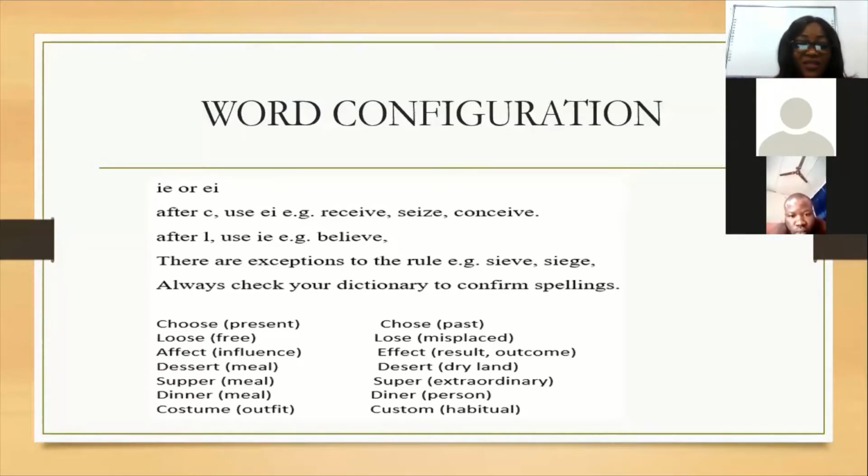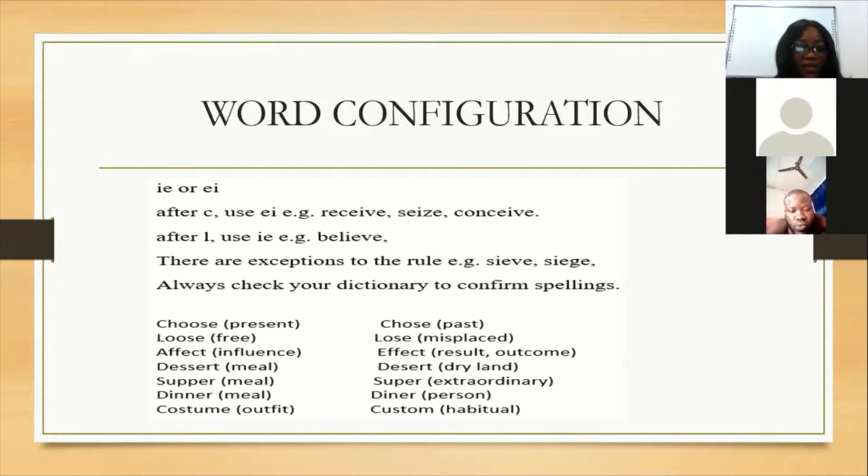For example, receive, seize, conceive. But if it's going to come after the L alphabet, please use IE. For example, believe. But like I said, there are exceptions to the rule, and your dictionary comes handy in settling any issue of word configuration.